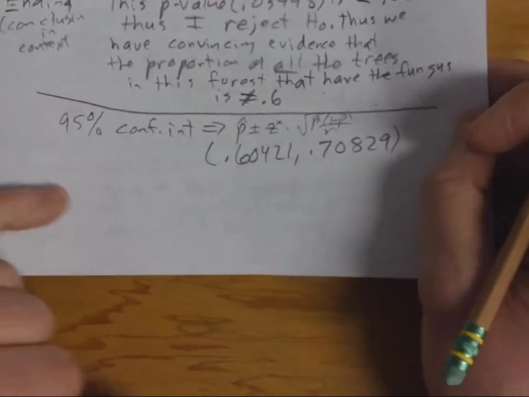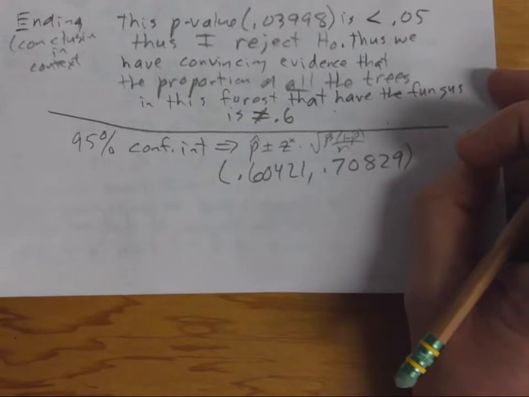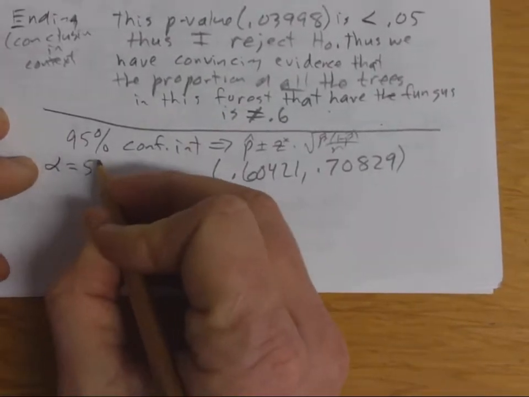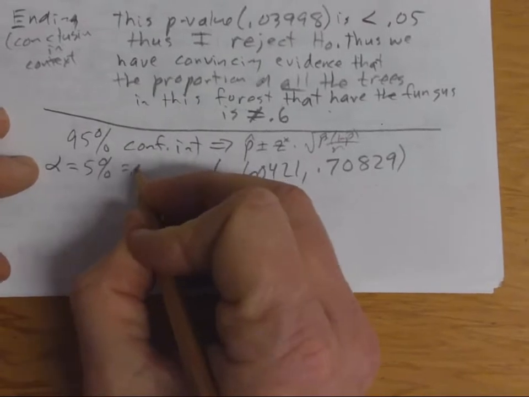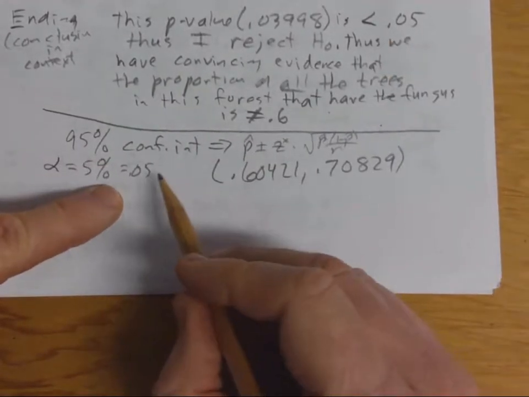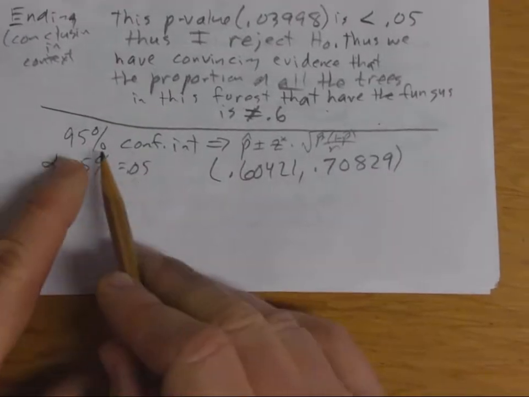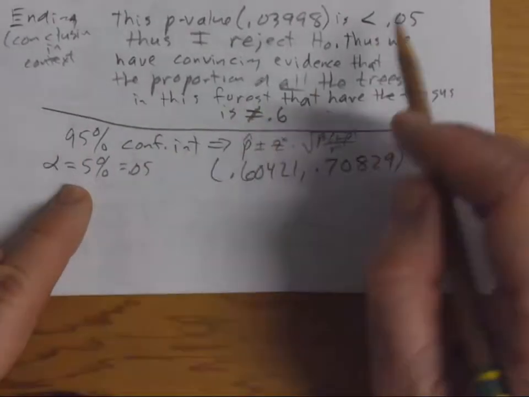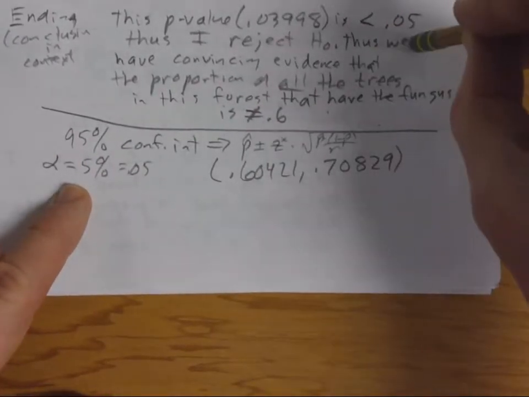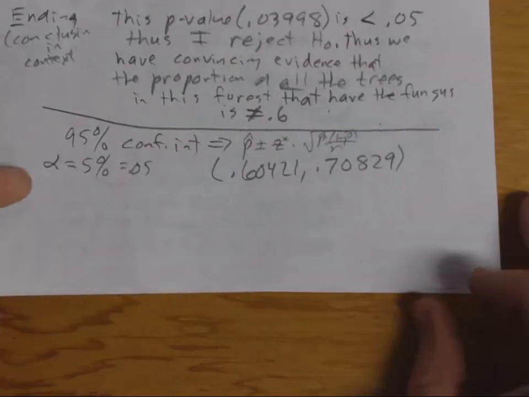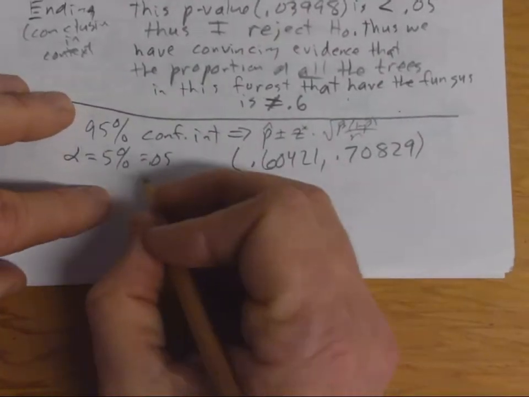Now, that relationship holds true on a two-sided test when your alpha is 5%, which is 0.05 here. We use 0.05 for alpha. These two have to add up to 100%. The 95% confidence interval is related to the two-sided hypothesis test with alpha of 0.05. And so the way you would make the connection is this.